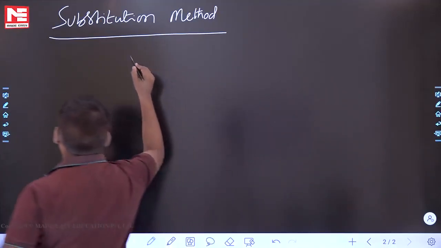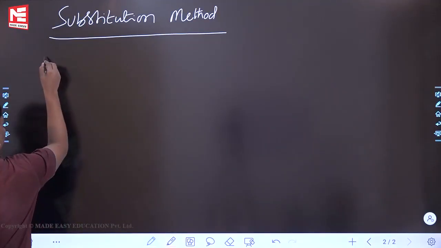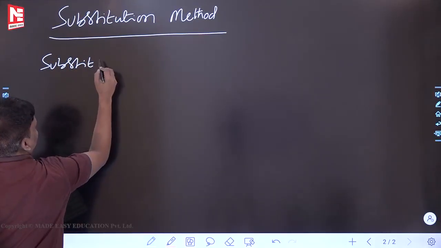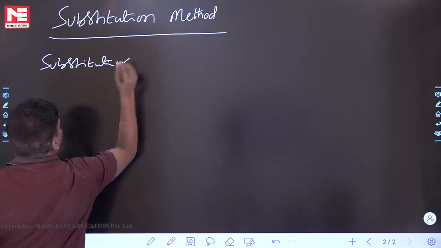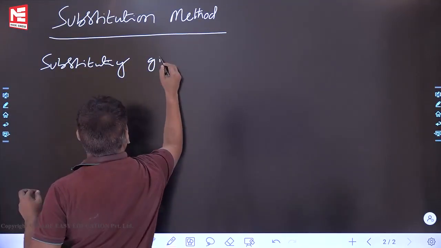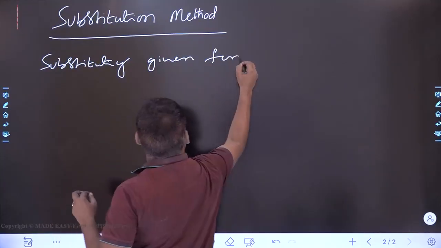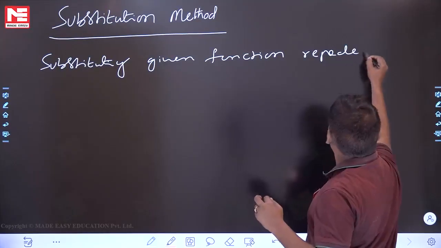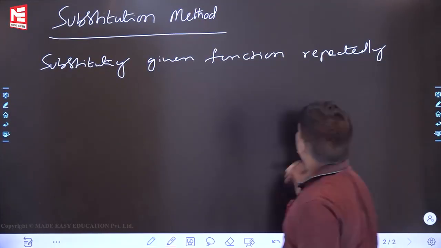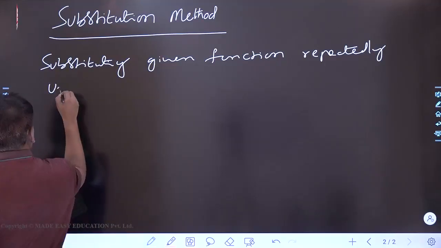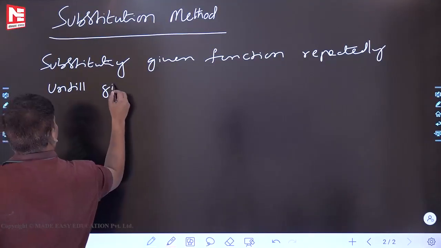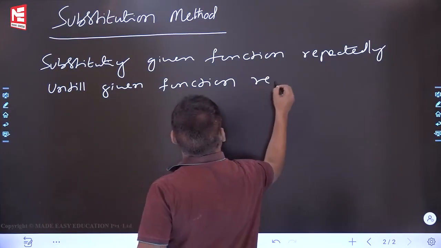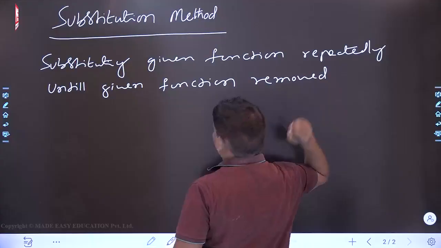If you want, I will write it also. Let me write it now. See this one. Substituting the given function repeatedly until the given function is removed is known as the substitution method.